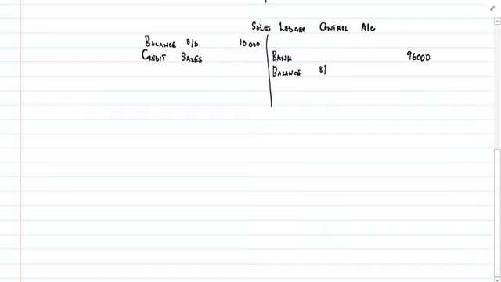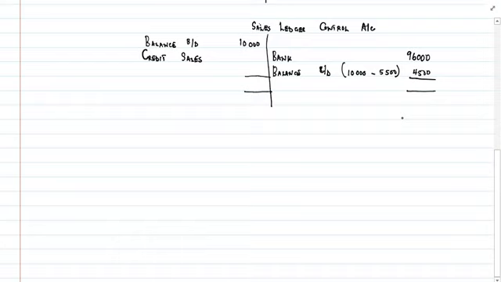So balance carried down there, I would take my hypothetical opening balance, which is 10,000, minus 5,500. Right, so I'll get something like 4,500. Right, that is if you don't know where to put the decrease.